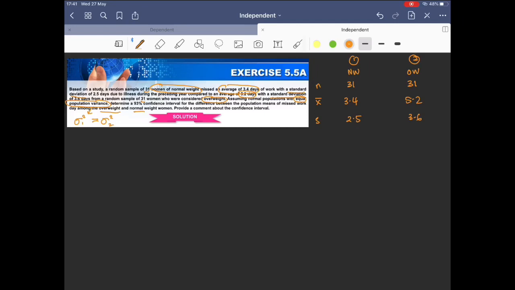Overweight and normal weight. So mu overweight minus mu normal weight. Overweight will be your sample 1, normal weight will be your sample 2.